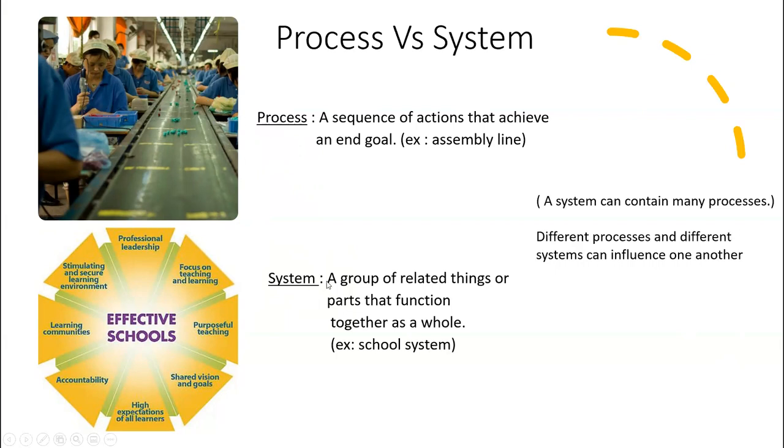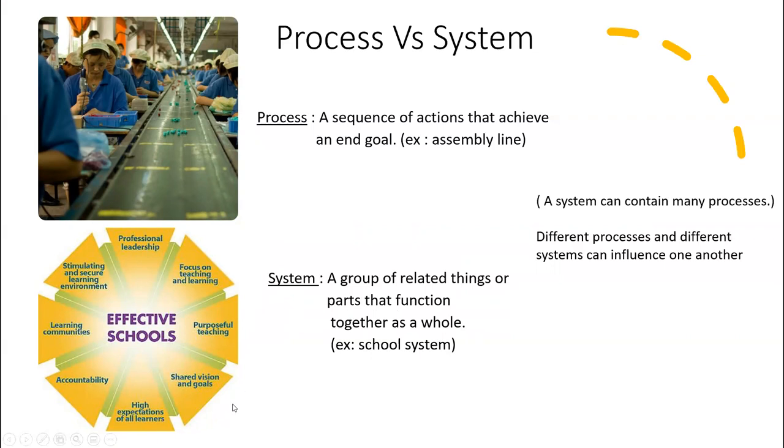A system is a group of related things or parts that function together as a whole. For example, the school system. The school system is not only teachers or students or custodians or principals. It's the whole thing that works together.